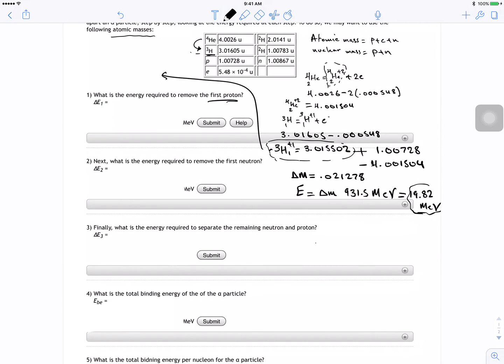Now, what's the energy required to remove the first neutron? I'm just going to go through the numbers with you.